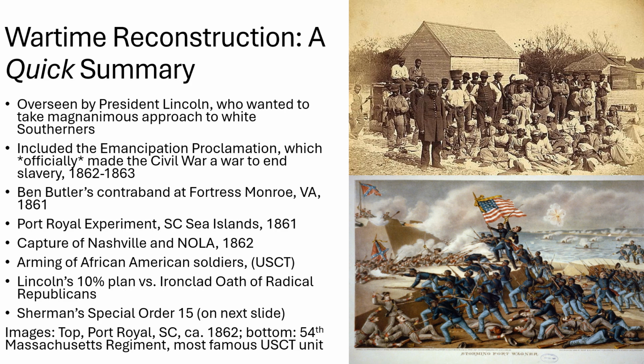Another example from 1861 is the Port Royal experiment of the South Carolina Sea Islands. The South Carolina Sea Islands were black majority islands that were the site of plantations, and the white slave owners who owned the land fled the arrival of Union forces in November of 1861.